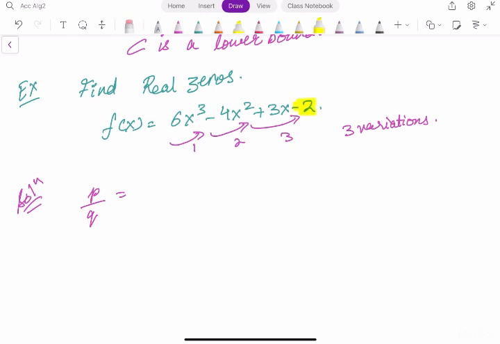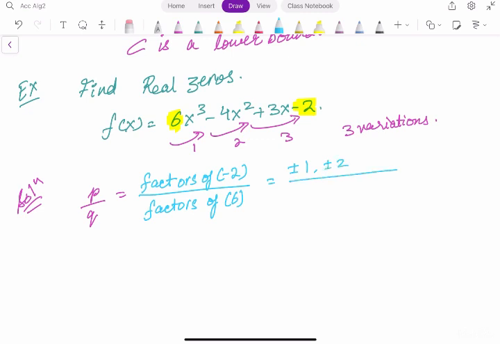So if I go back to the rational root theorem, we are trying to find the factors of the constant, which is negative 2, and q is the factor of the leading coefficient, which is 6. Finding the factors of these two will help us understand with what number I should use the synthetic division, right?